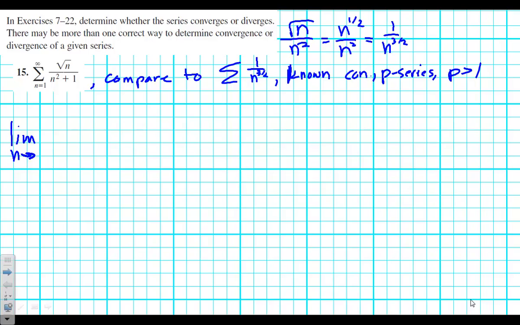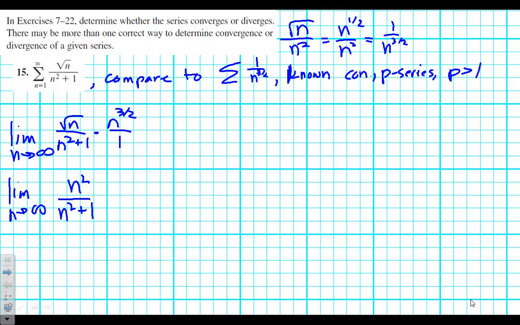The limit as n approaches infinity of root n over n squared plus 1 multiplied by n to the 3/2 over 1, the reciprocal of the comparison series. When we do that, we get the limit as n approaches infinity of n squared over n squared plus 1.